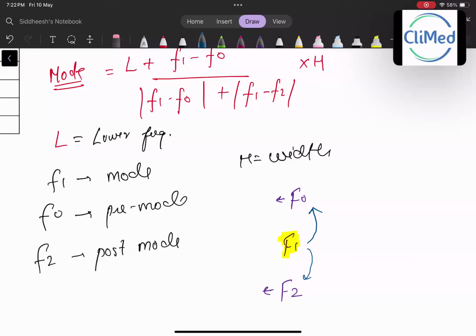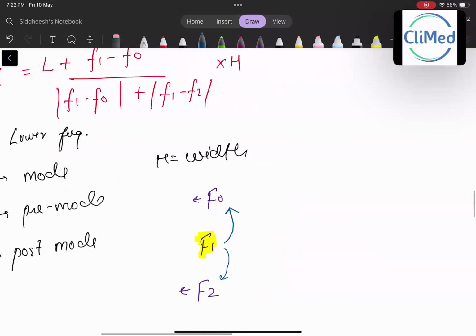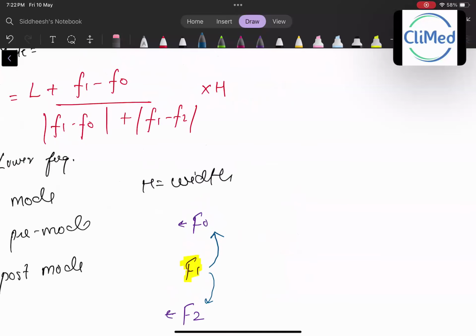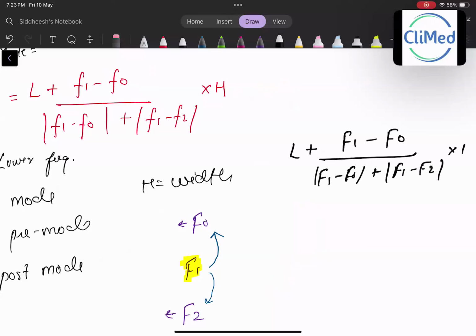That is how we come up with the formula: L plus friend 1 fights with F0, upon friend 1 fights with F0 plus F1 fights with F2, into H.